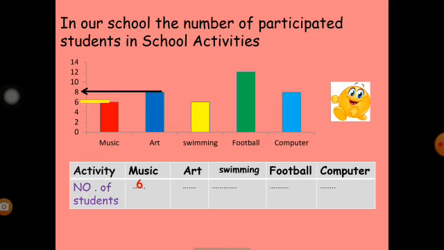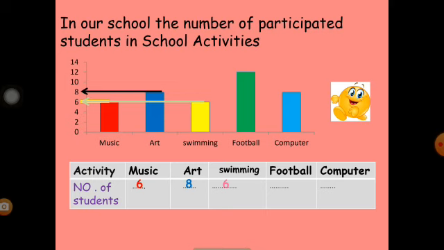Super, so how many in art? 8. Who can tell me how many in swimming? Look at the graph and then tell me. Excellent, it's also 6, like music.